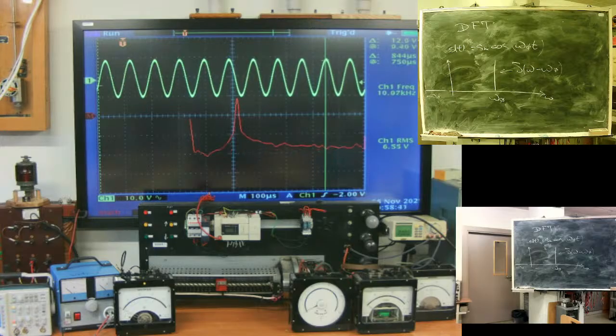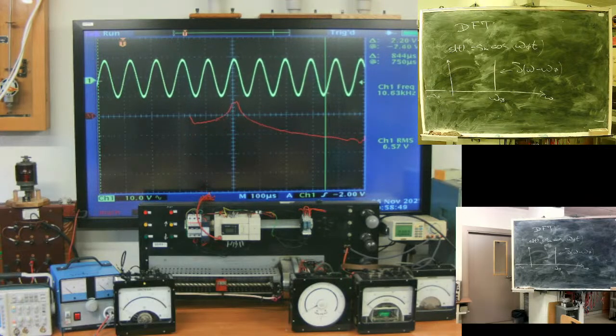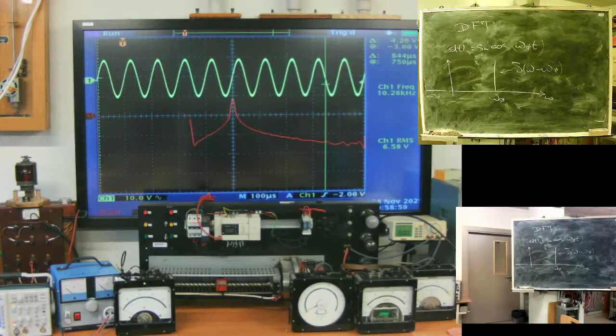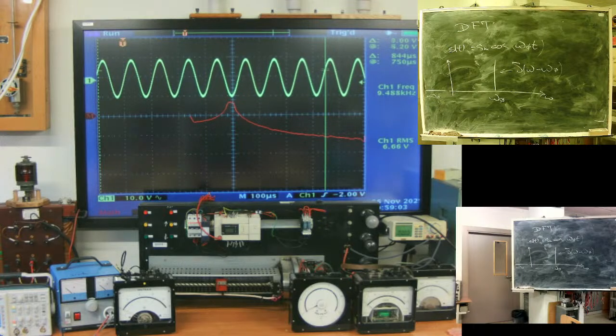Okay, it's something like a thin line. Anyway, we can see where the maximum is. And this is a bad frequency. Good frequency, bad frequency.